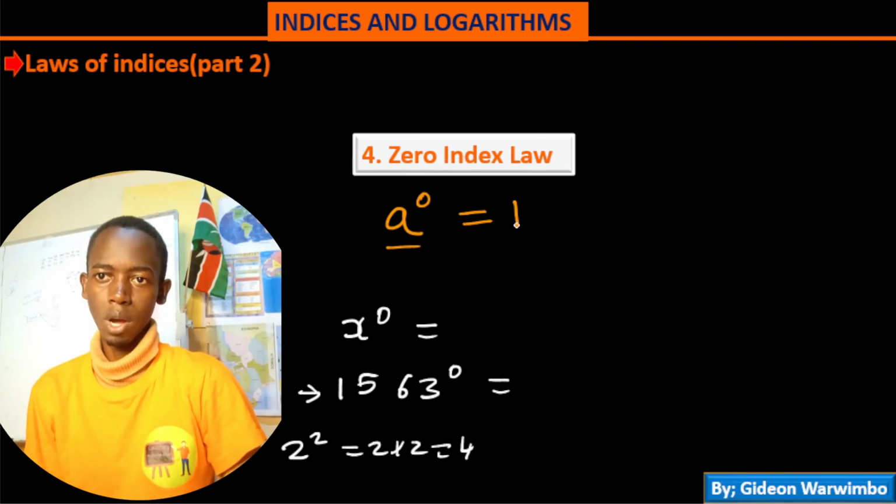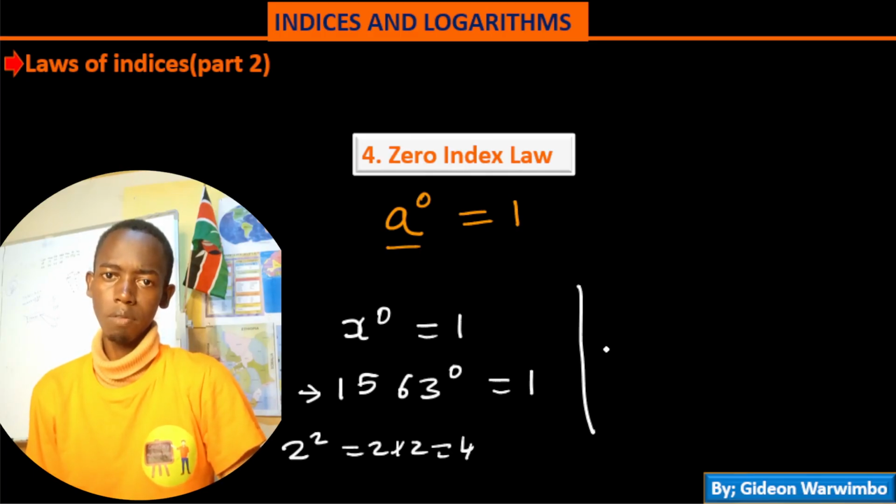Therefore, even for these other values that we get from here, that is x to power 0, that should also give you a 1. Even 1563 to power 0 is equal to 1. Any number, whether it is small or big, will always result in 1.